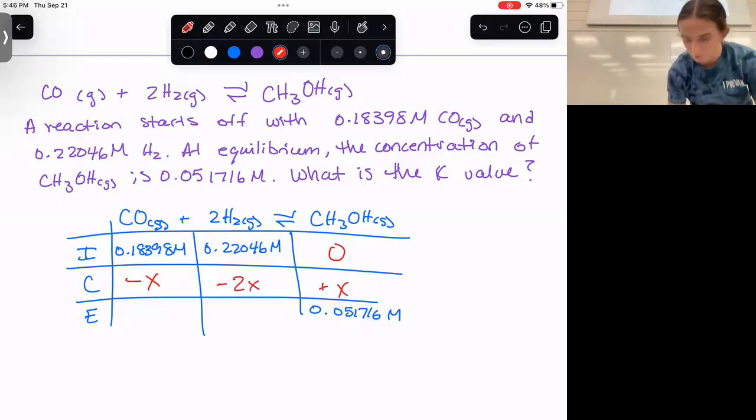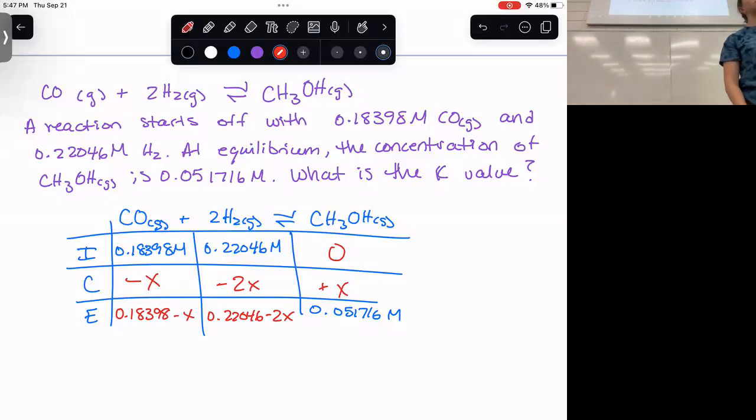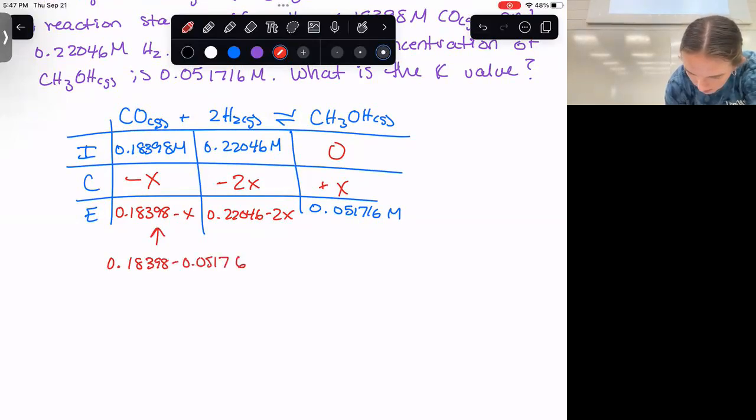Okay, so at equilibrium, we'll have the concentration of our methanol. We already know what X is because it is just the change of that methanol concentration. So you can solve for the actual equilibrium concentrations and then plug that into K. So equilibrium here would be 0.18398 minus that.